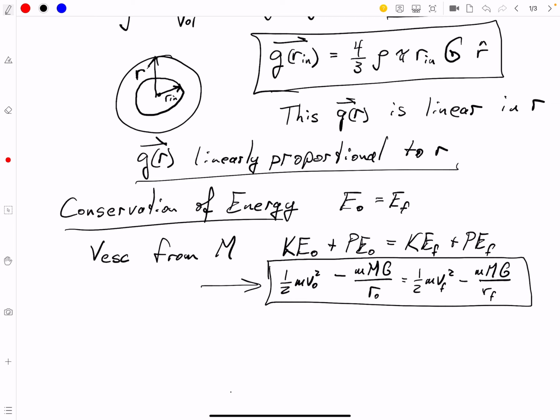This equation is a big one for the test. To find the escape velocity, here's our massive object, and we're going to be over here at r final, where r final is equal to infinity. So r final equals infinity, that means this whole thing equals 0.